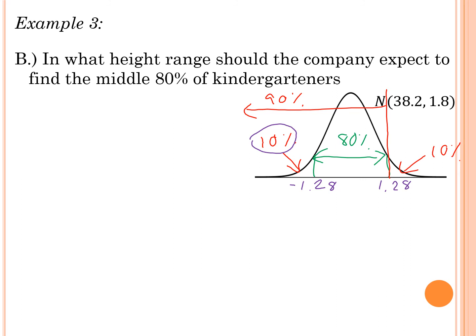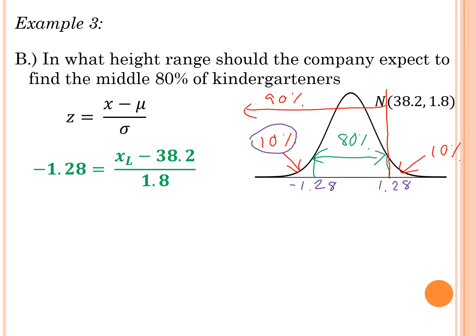All right, so we jump to our z-score equation, and we're going to have two different equations here. We have one for the lower value, I'm going to label that XL, with our lower z-score, mean and standard deviation plugged in. And then we do the same thing for the higher value, and we just plug in the higher z-score. And we solve each of these out.